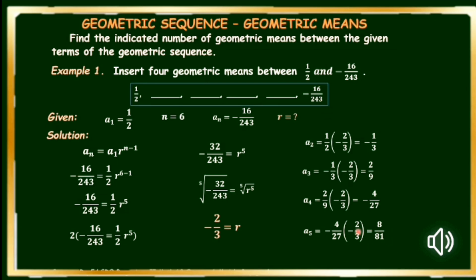Again, 4 times 2 equals 8, and 27 times 3 equals 81. So we have now the geometric means that we're looking for: -1/3, 2 over 9, -4 over 27, and 8 over 81.